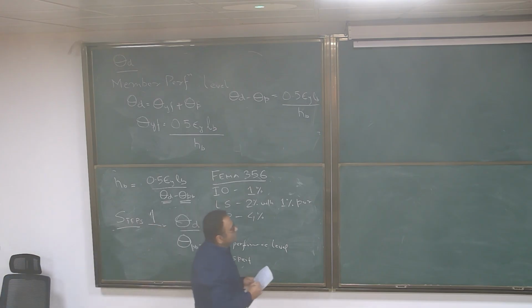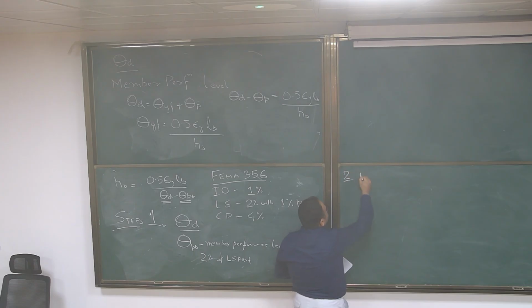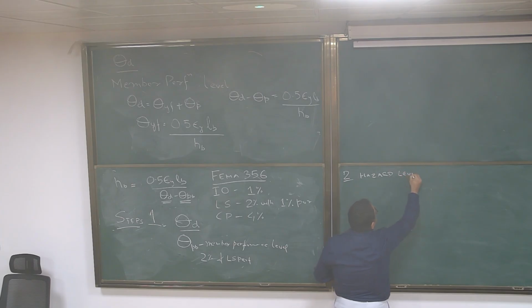Second step would be to decide a hazard level. And that will define your spectra, your displacement spectra. So for example, it could be EC8, Eurocode 8, medium soil, or type 1 condition, ground type B. And let's say 0.06.